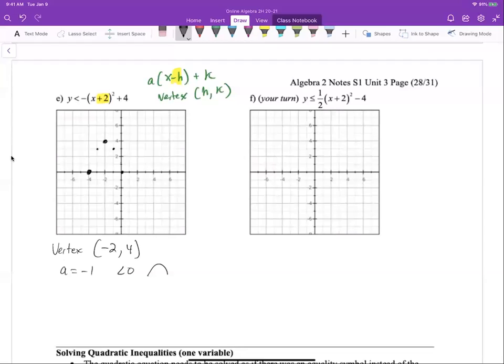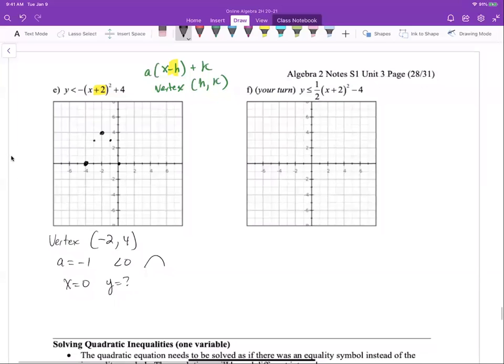Now I could also have picked a value of 0 for x, right? So if x is equal to 0, what is y? 0 plus 2 is 2, 2 squared is 4, -4 plus 4 is 0. And so here is my y equal to 0 when x is equal to 0.